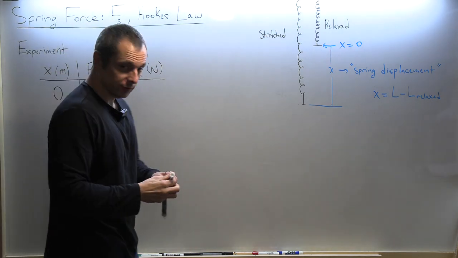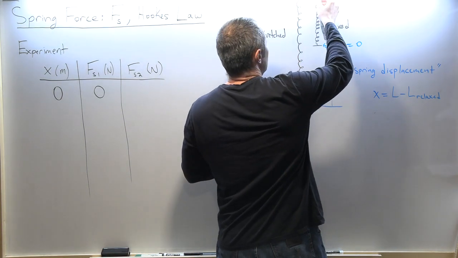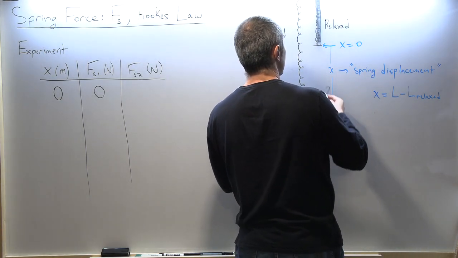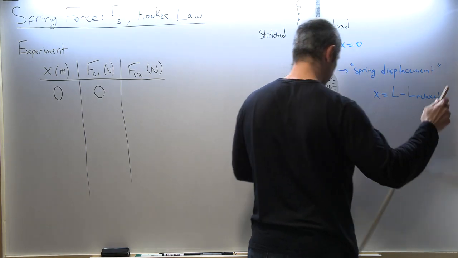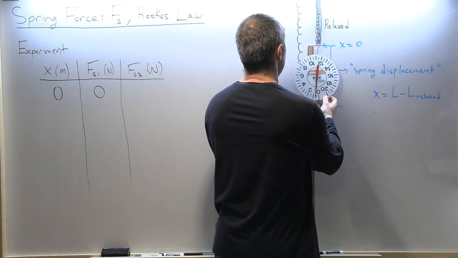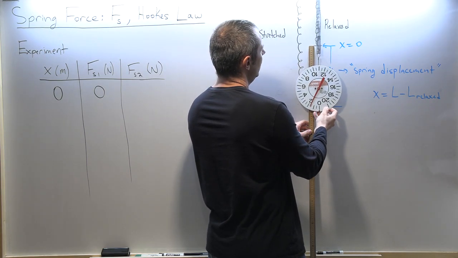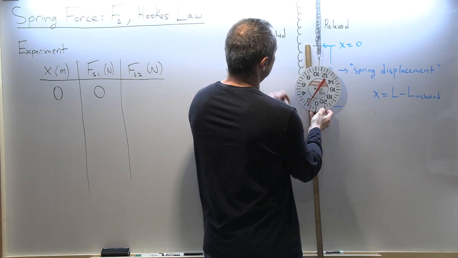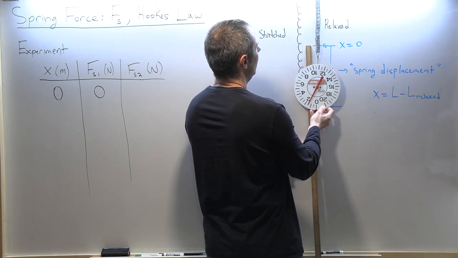So the first thing is with no stretching of the spring, if it's just sitting there, its displacement is 0. I haven't stretched it yet. Then it will produce 0 newtons of force. That's common sense. Okay? And now what I'm going to do is take a spring scale and pull this to 5 centimeters of displacement. So see, I moved down to the meter stick, the end of the spring moved to 5 centimeters beyond where it was relaxed.